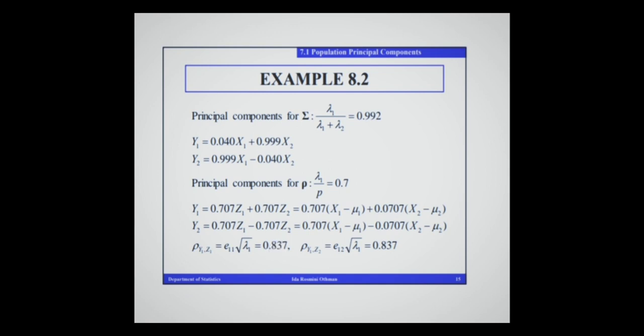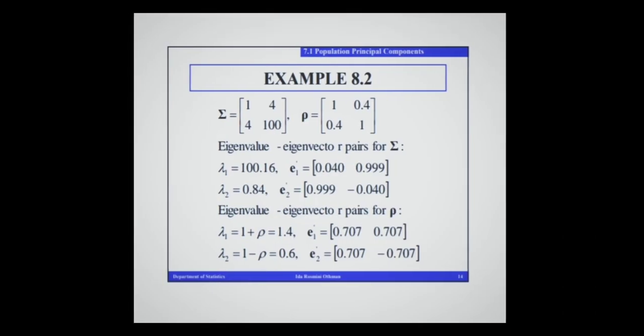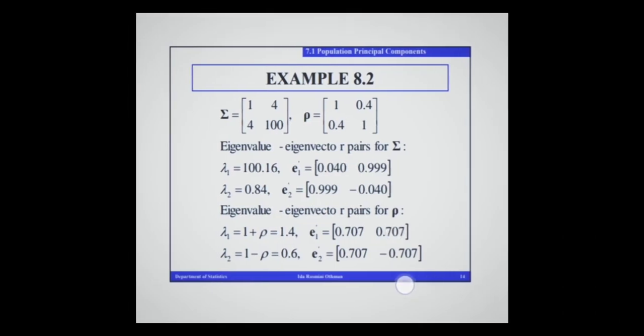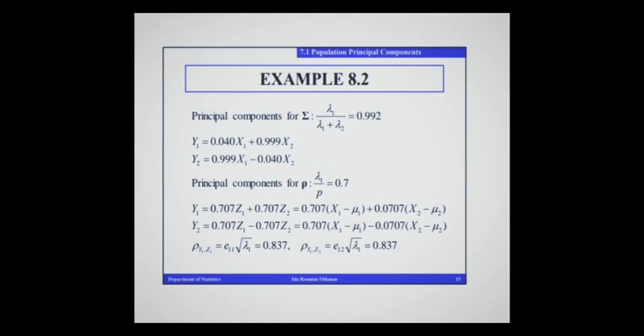This is the correlation between the first principal component and the first variable. This one is the first principal component with the second variable. So E12 will be this same value, multiplied by the square root of 1.4 also, you will get the same answer here.